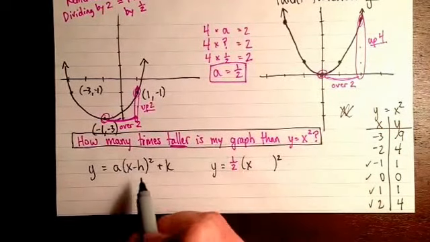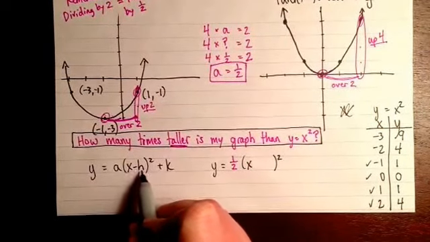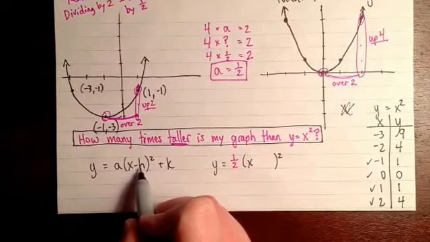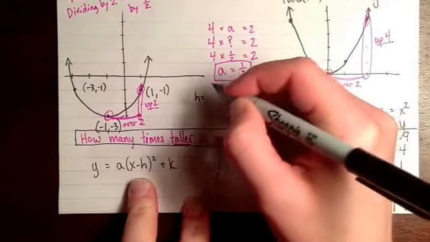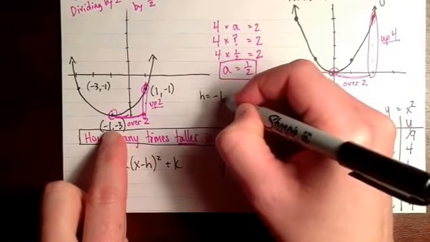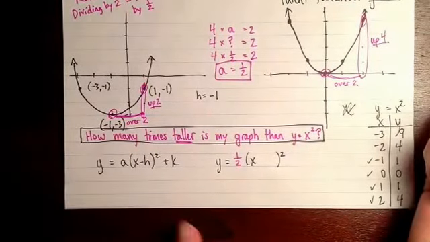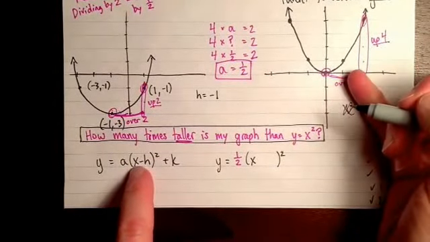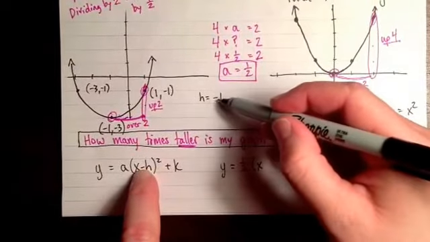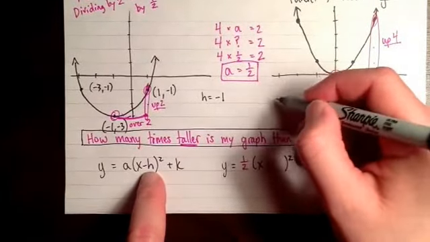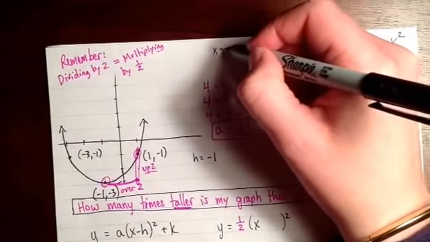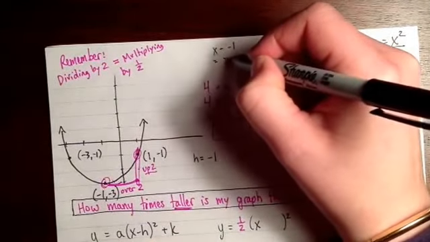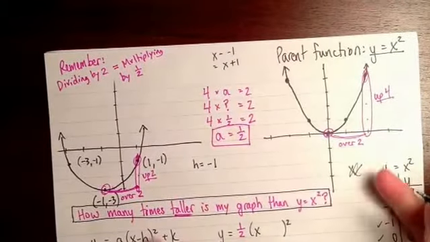Okay, so the h value is the x coordinate of the vertex. So our h here is -1. So in this equation, I'm doing x subtract -1. So we're going to write this x minus -1. That's the same as x plus 1.